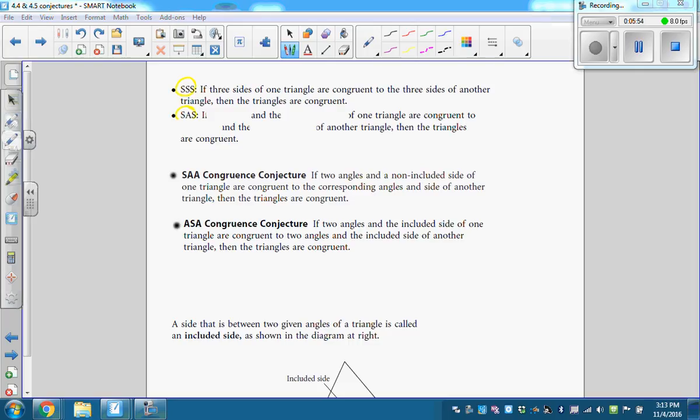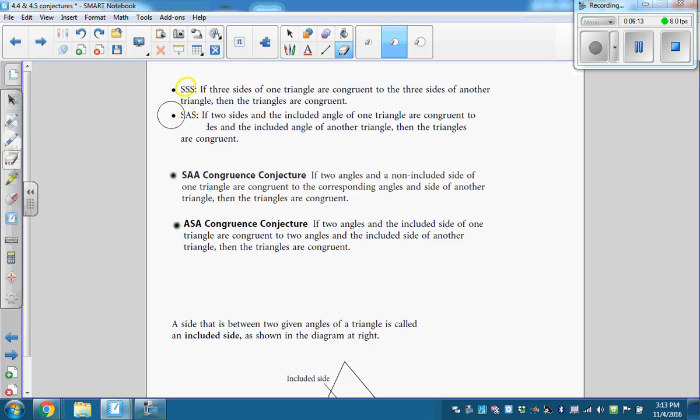Well, you have to think about it. So the letters tell you. If 2 sides and the included angle, because the A's between the S's, are congruent to 2 sides and the included angle of another triangle. Do you have to say included? Yes, because it's a different theorem. Remember, this relationship didn't work.